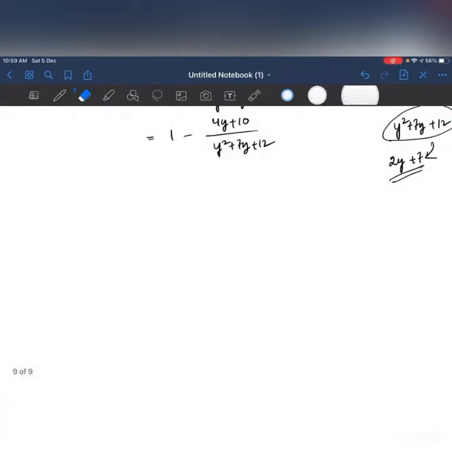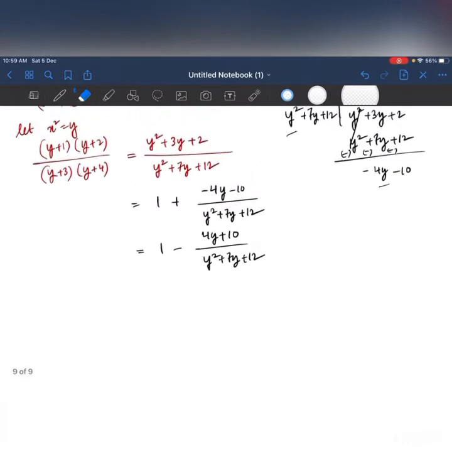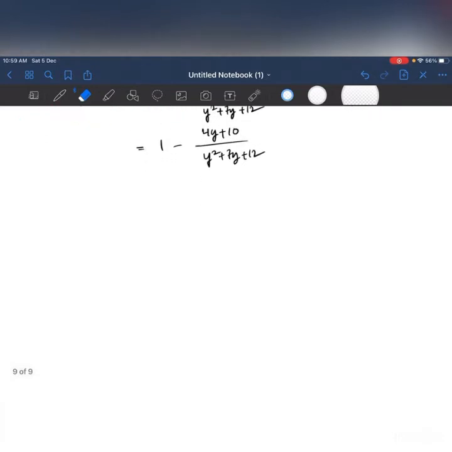After this, we will simplify this one with the help of partial fractions. So let us see what we get. Now I will forget about the 1 and concentrate on minus 4y plus 10 divided by y square plus 7y plus 12.